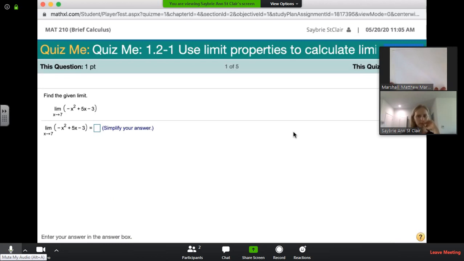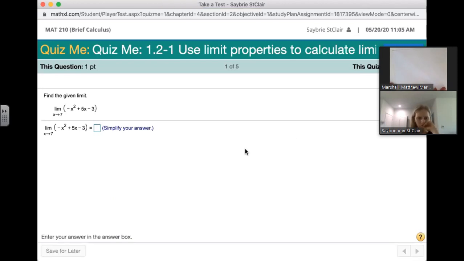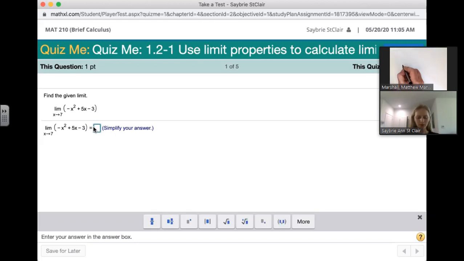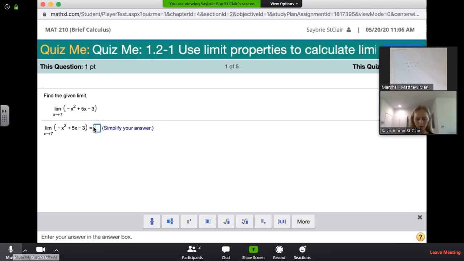Alright, so this one you're plugging in 7. When you plug in 7 into negative x squared, it becomes negative 49 plus 5 times negative 7 minus 3. So that limit is negative 49 minus 35 minus 3. Oh, you're right, that's positive 7.